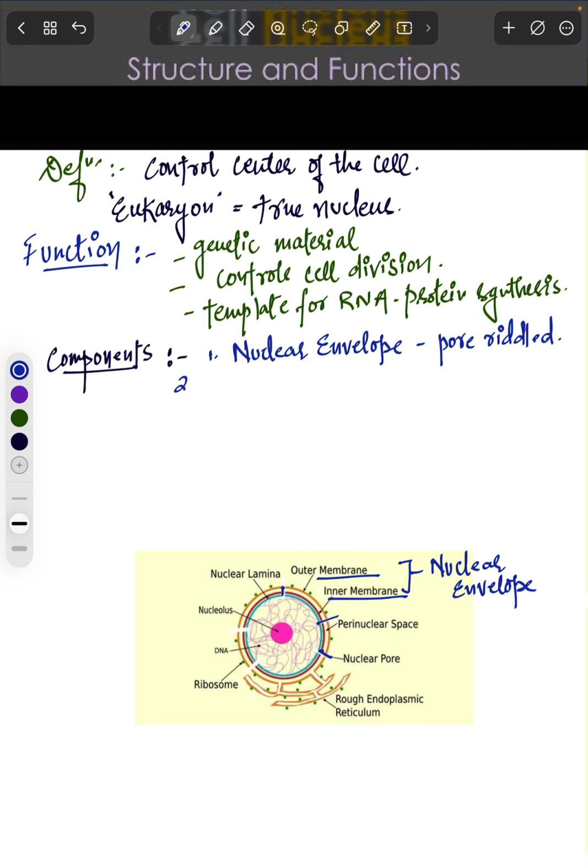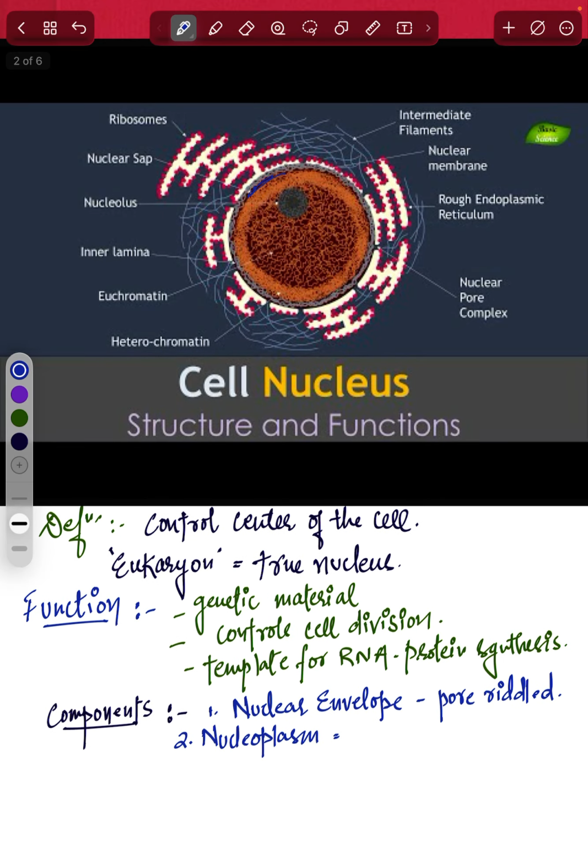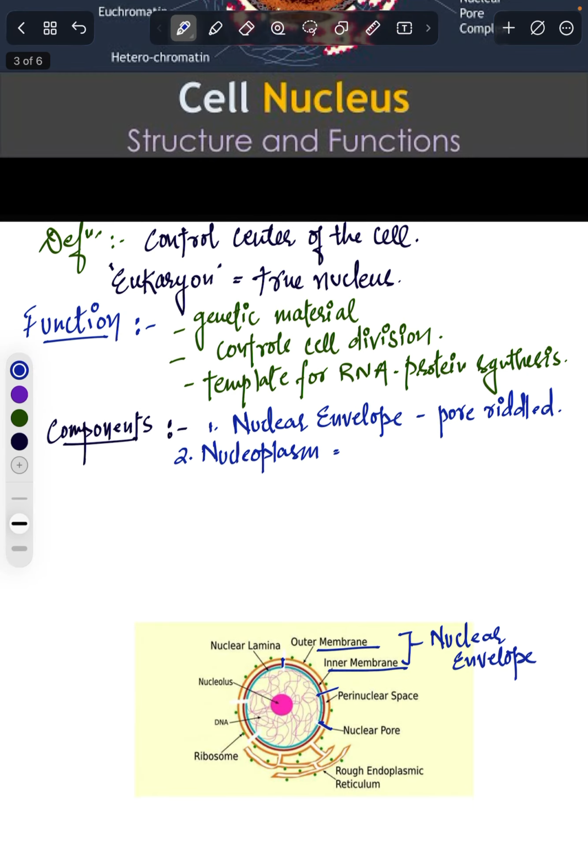Next component is nucleoplasm. Nucleoplasm is the fluid interior portion, meaning the fluid present inside the nuclear membranes is the nucleoplasm. Here you can see it's the fluid interior to this portion.